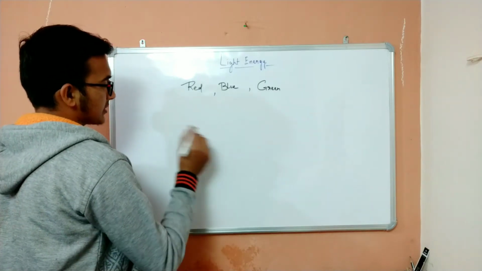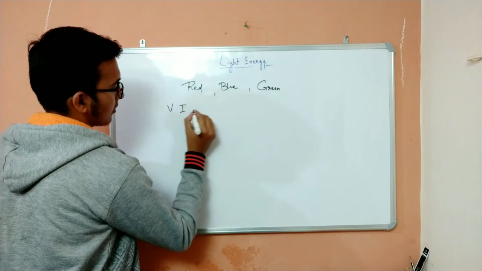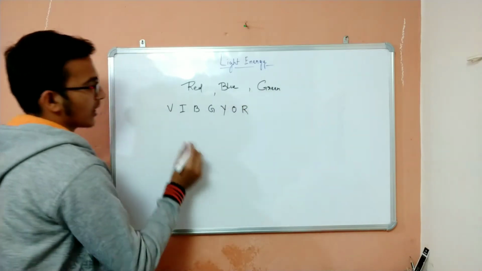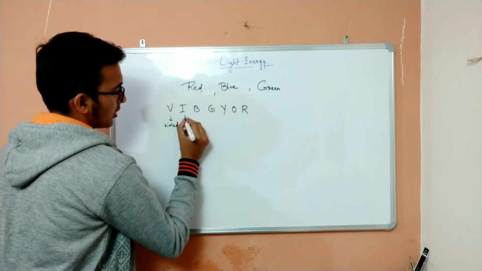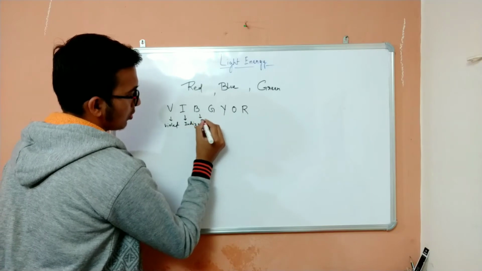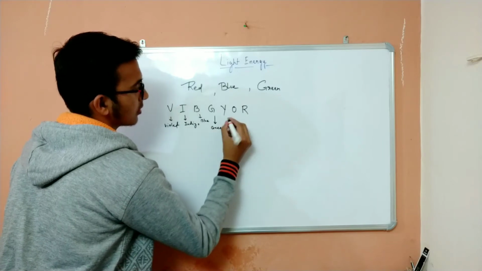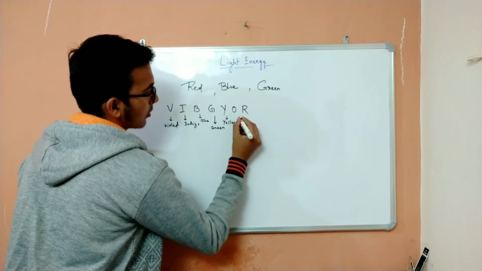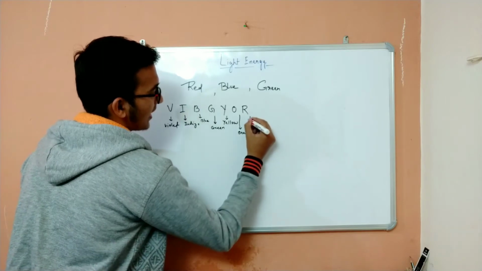And then we have our 7 colors, which those colors are violet, indigo, blue, green, yellow, orange, and red.